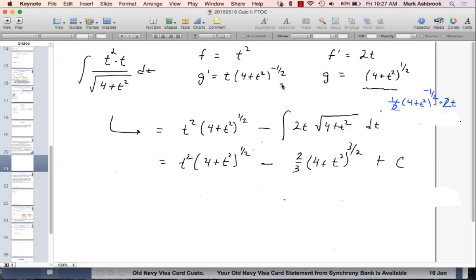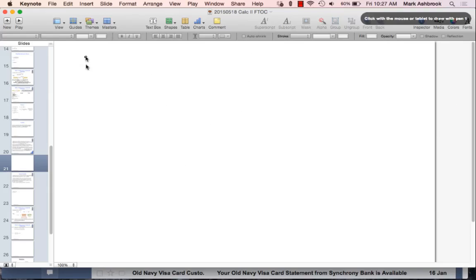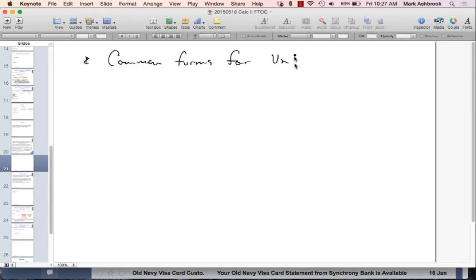Okay, so let's talk about just in general common forms that you're on the lookout for undoing the product rule. So this is kind of a special problem. There's a kind of a list of common forms that you should identify immediately as this new technique, undoing the product rule. Okay, number one.